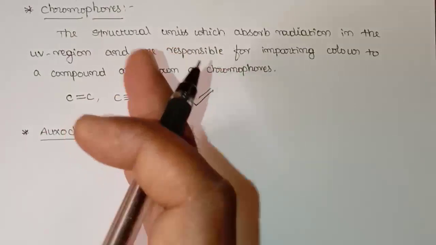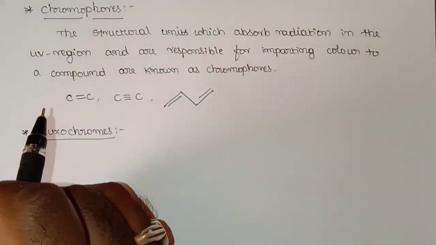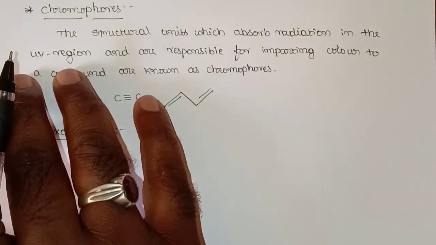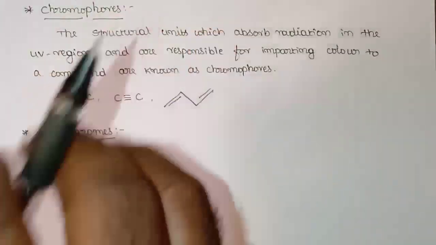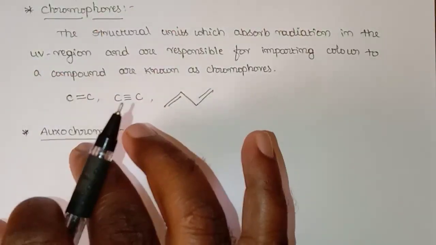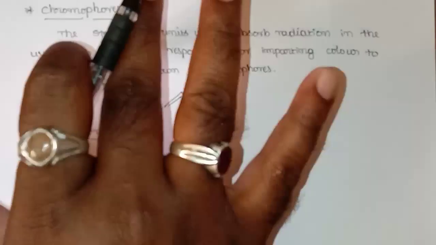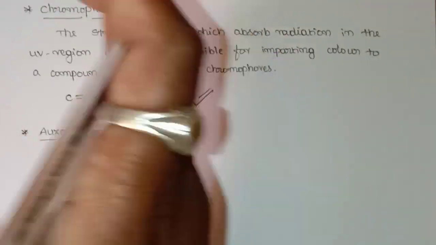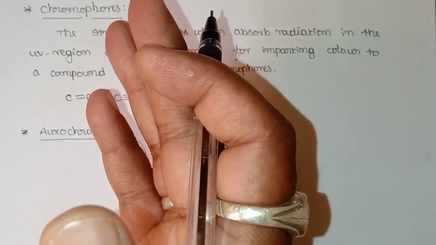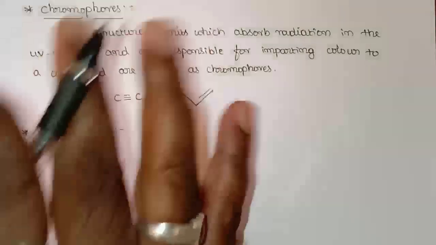Or in other words, when an auxochrome is present on the chromophore, it will create a new chromophore so that the absorption band, the lambda max of that particular chromophore, will get altered. That means there occurs a shift of the lambda max of the chromophore to either the shorter or longer wavelength side in the presence of an auxochrome.